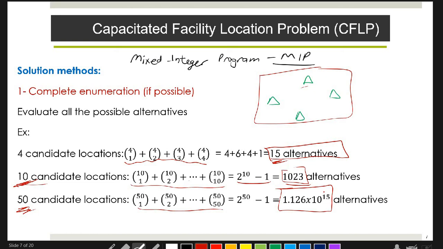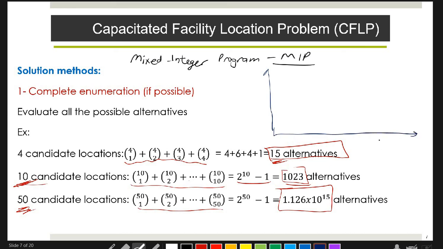And as you can see, if I sketch a graph, okay, let's assume that on the x-axis this is the number of candidate locations for the new facility, and on the y-axis I write the number of alternatives that you need to evaluate.